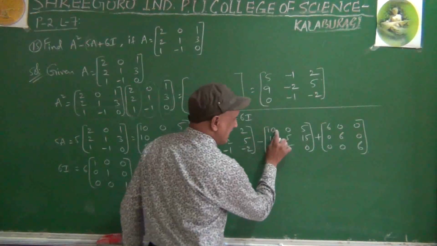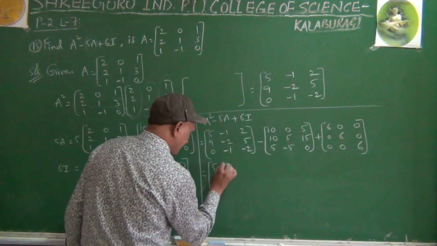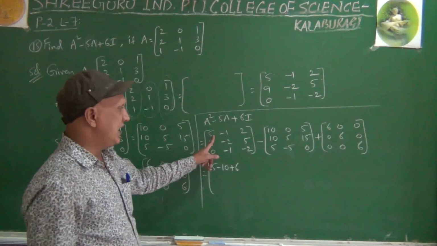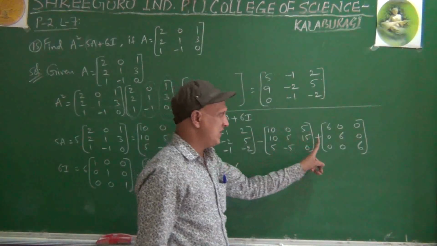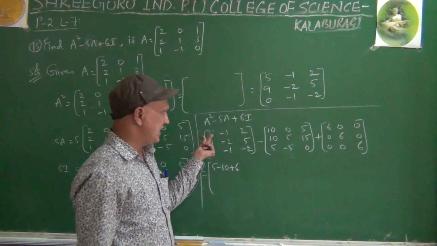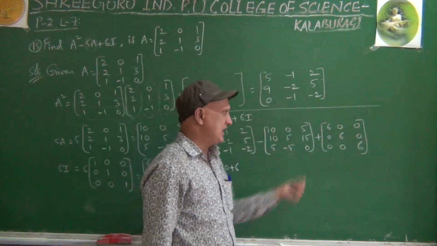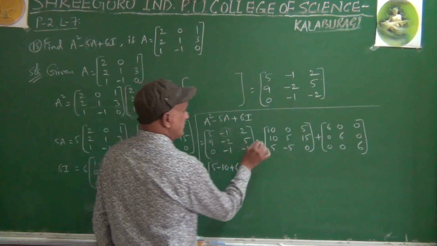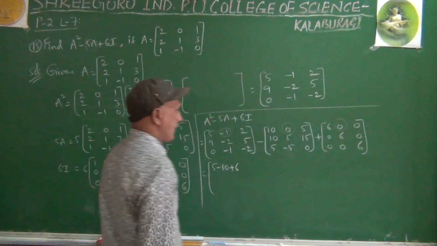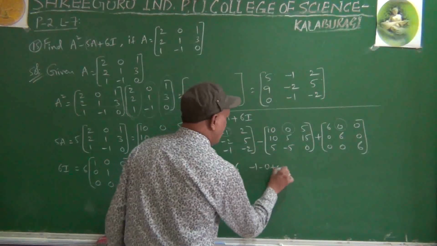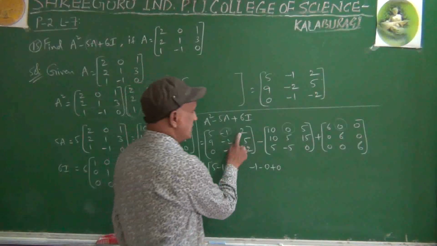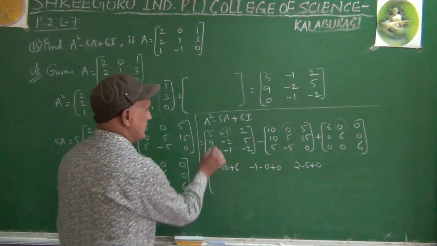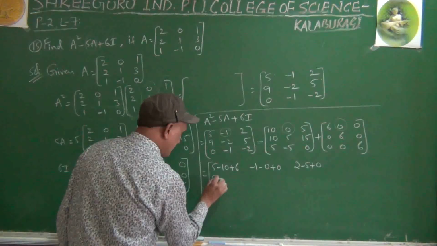5 minus 10 plus 6, corresponding elements. A11 in this matrix minus A11 in this matrix plus A11 in this matrix. Next, this one minus this one plus this one. Now minus 1 minus 0 plus 0. Next, 2 minus 5 plus 0. Next, 9 minus 10 plus 0.